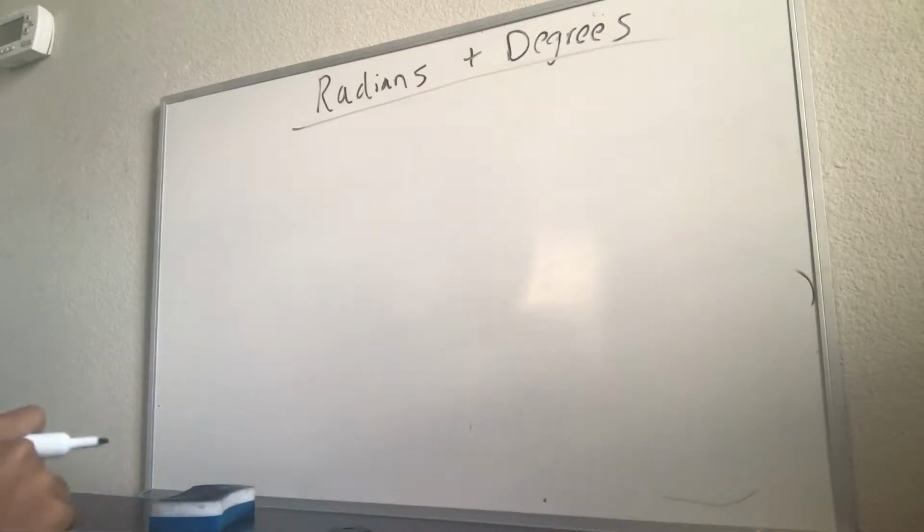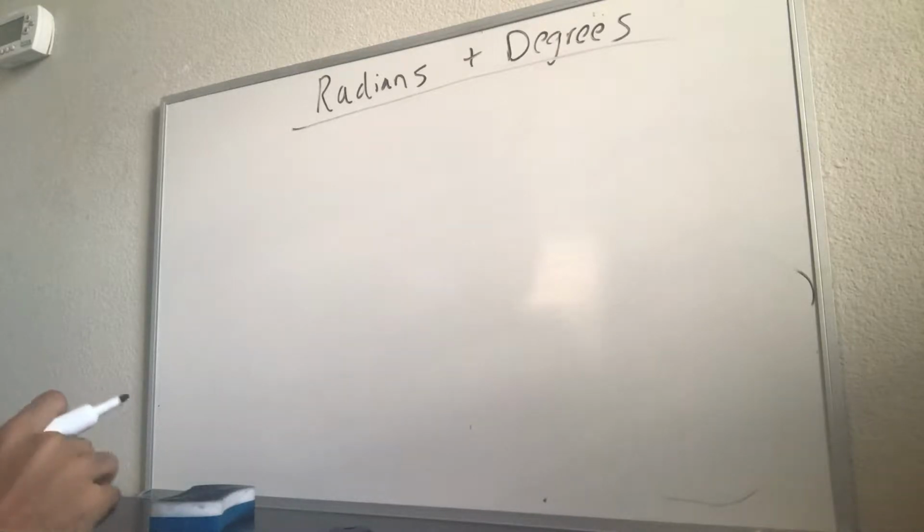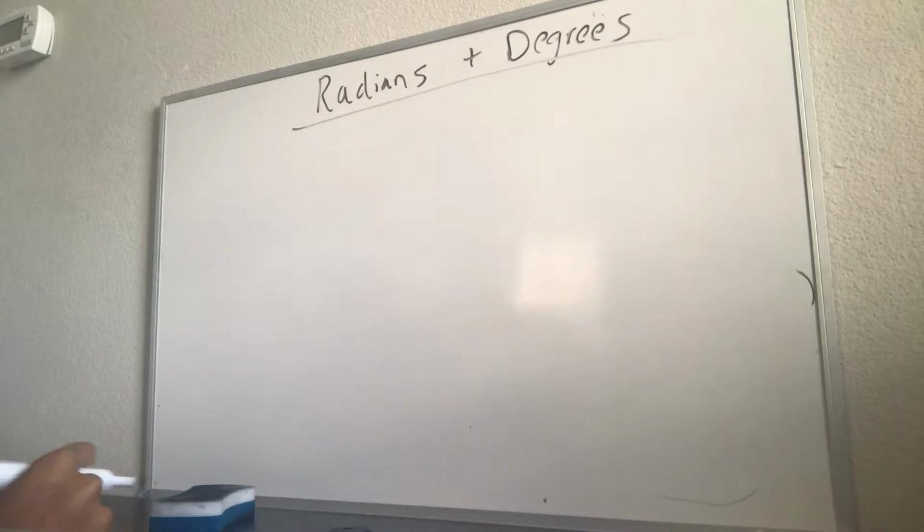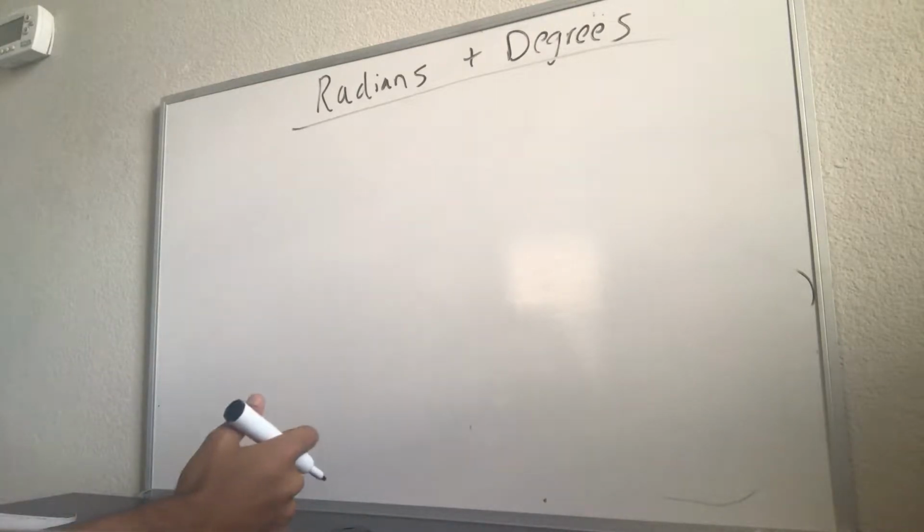In this lesson, we explore radians and degrees. Both are two types of measurements, but in trigonometry you may see more radians, so it's important to understand the concept of radians here.